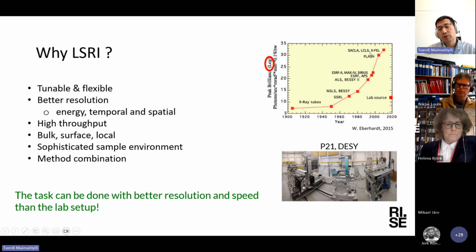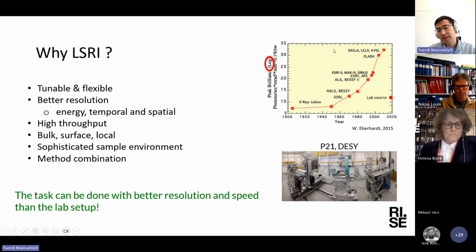And not only that, of course, the coherence or the possibility of energy selection, selecting monochromatic beams for measurement, is much more flexible and easy at the large-scale facility. So it makes the experimentation much faster and better.